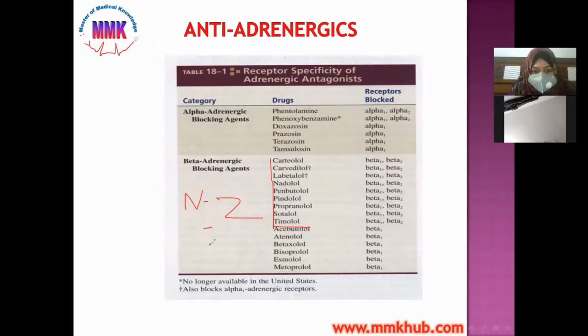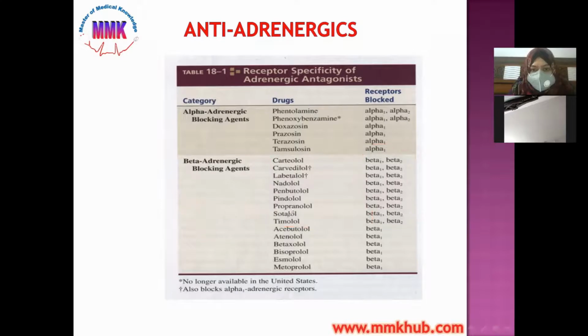As you can see over here, labetalol, nadolol, penbutolol, pindolol, propranolol, sotalol, timolol, all of these come from the letter N onwards. So you can easily remember that these drugs are beta non-selective blockers. And when I say except the letter C, over here you can see that it is carteolol or carvedilol, right?